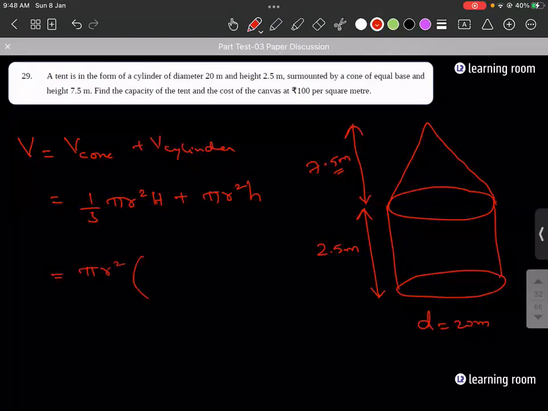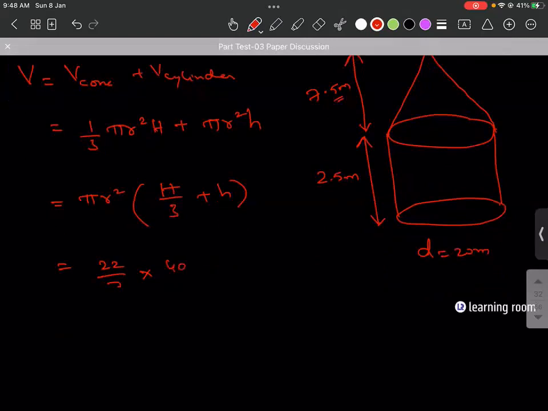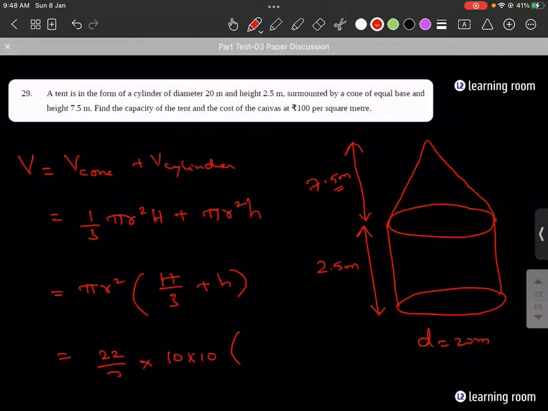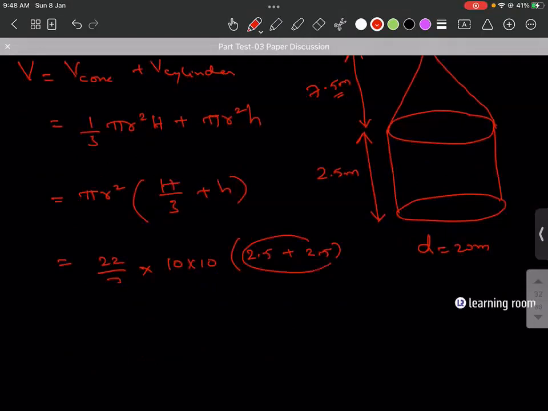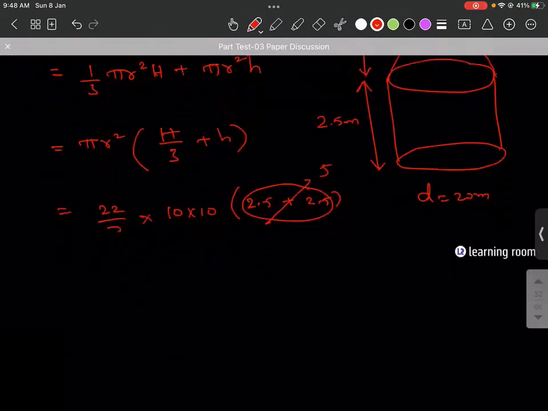So if I take out pi r square outside, I'll have capital H by 3 plus small h. 22 by 7 into r square, r is 10, so 10 into 10, into H by 3. So 7.5 by 3 is 2.5 plus small h is also 2.5. So this comes out to be 5.